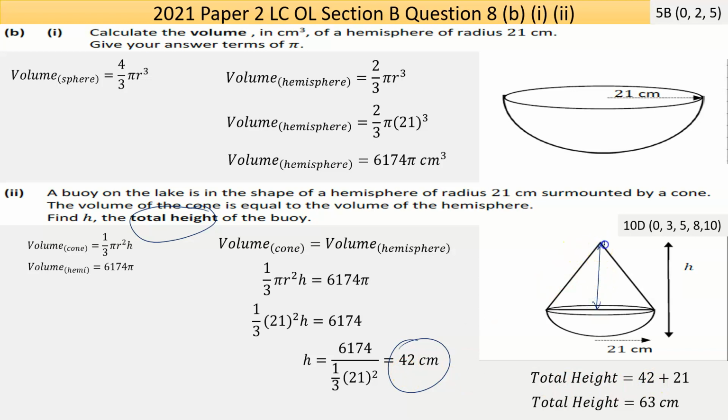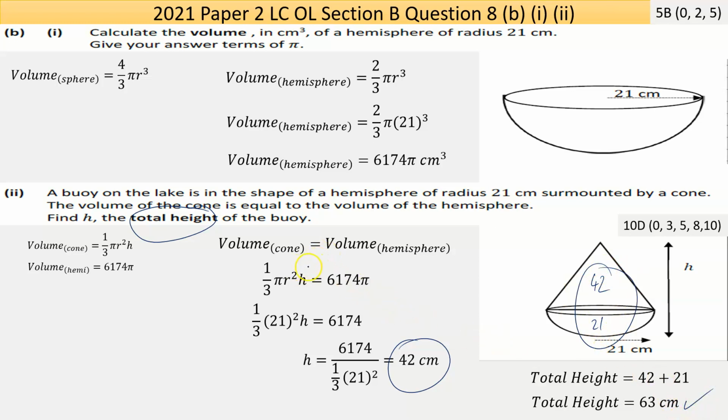So that's 42, which I found as the height of the cone. If I want to find the next bit, this is not to scale, but that's the radius 21. So it's 21 here as well. It's 21 everywhere. Now it doesn't look like it because it doesn't look like a sphere because I've stretched it. So the full length is the 42 plus the 21. That gives me 63. And I've shown that down here.